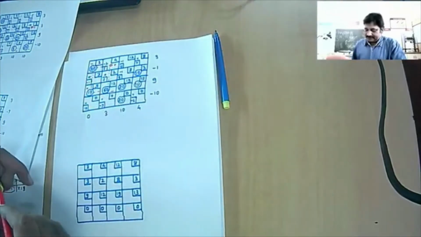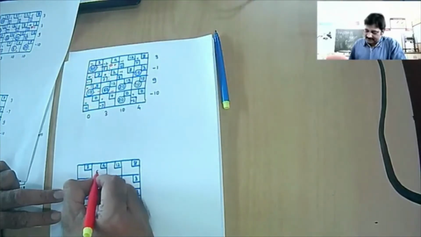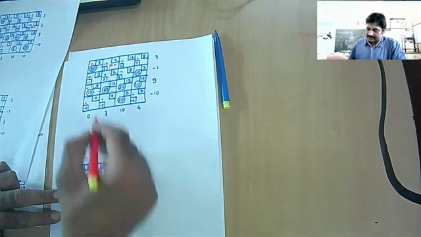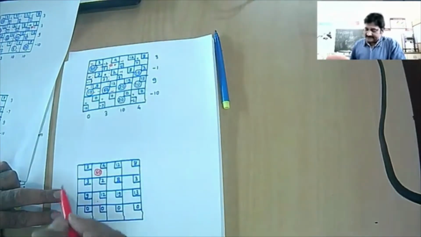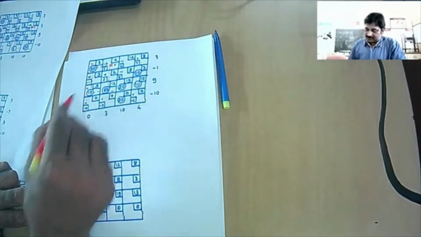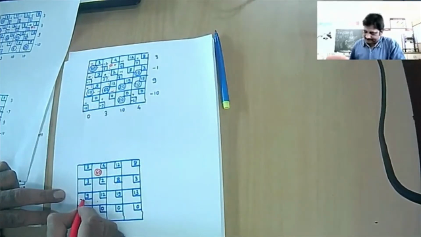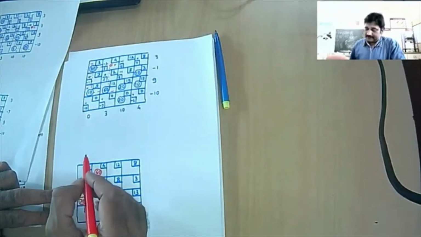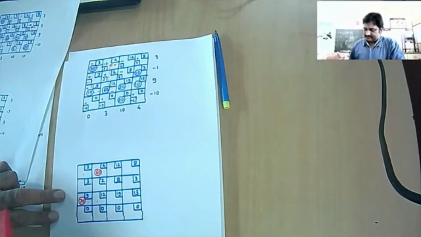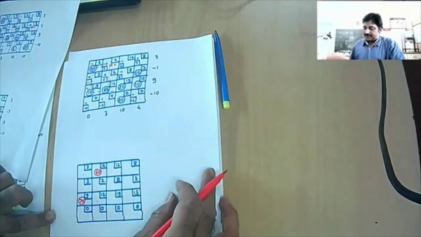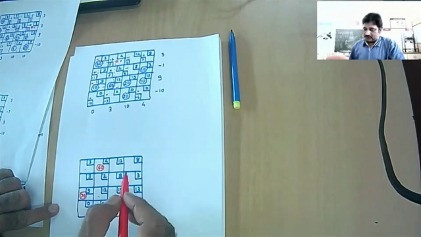So 60 I will be allocating here. Then 60 minus 60, 0, then 60 plus 10, 70, and then 60 minus 60 again 0, and the rest of the quantities you have to write as they were.